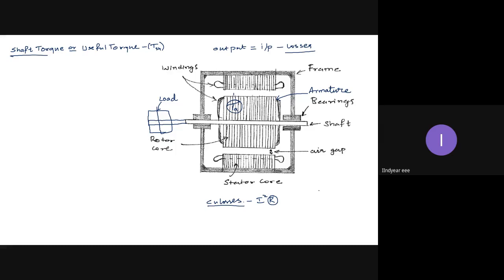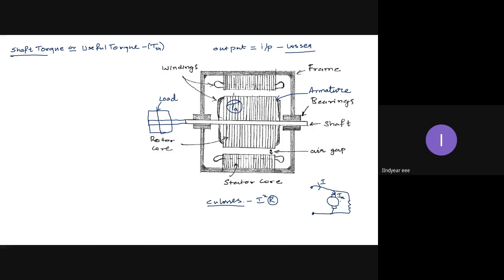When I have connected the armature to the supply, now the armature is carrying current. The current carried by the armature has already overcome the copper losses, so we don't think about copper losses now.